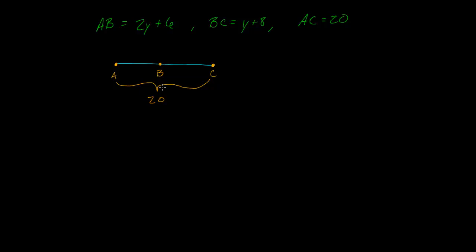We know that AB is 2y plus 6, and we know that BC is y plus 8.